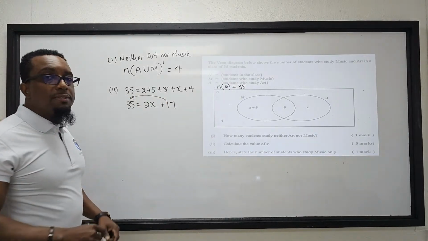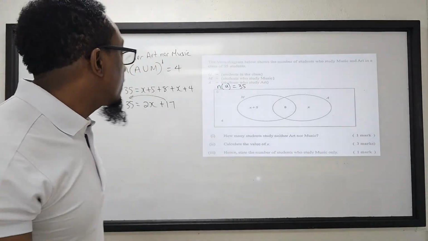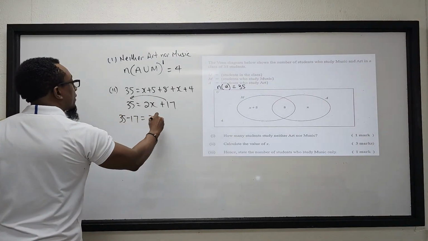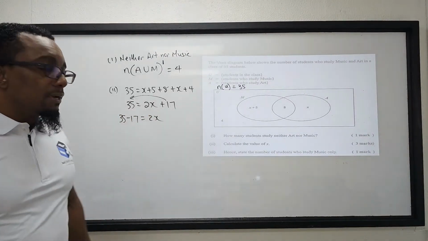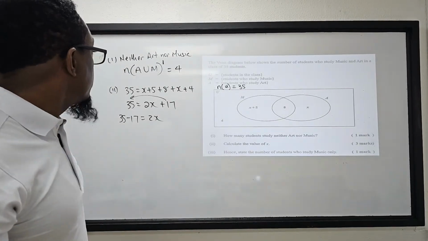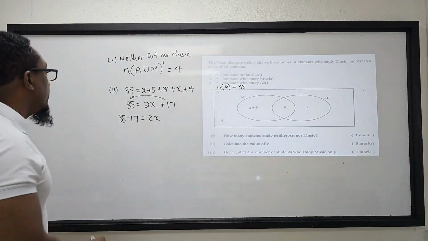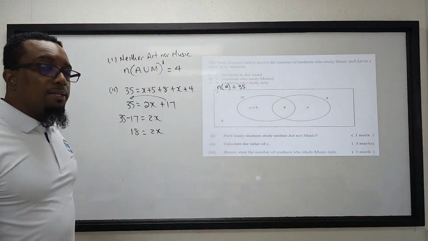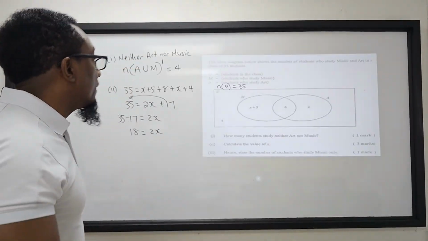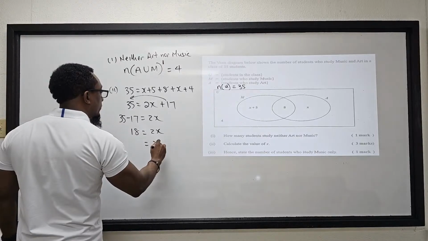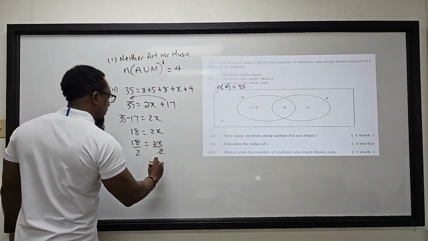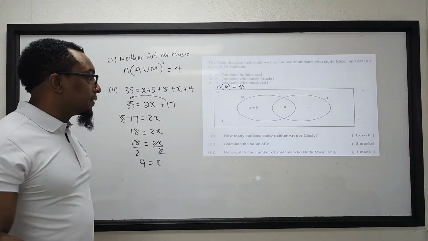I will bring 17 over to the left. So this will become 35 subtract 17 is equal to 2X. When I subtract 17 from 35, that will give me 18. It's equal to 2X. And what I can do now is to find X by dividing both sides by 2. X is equal to 9.